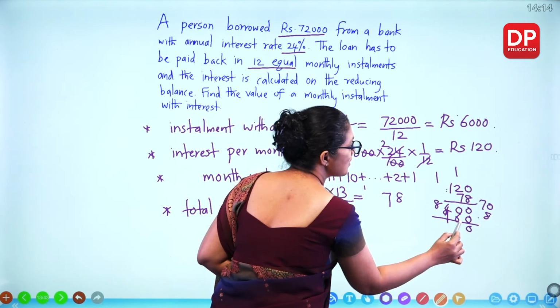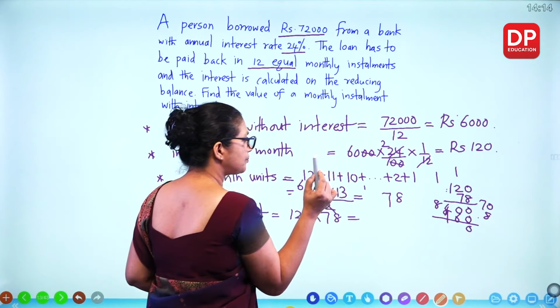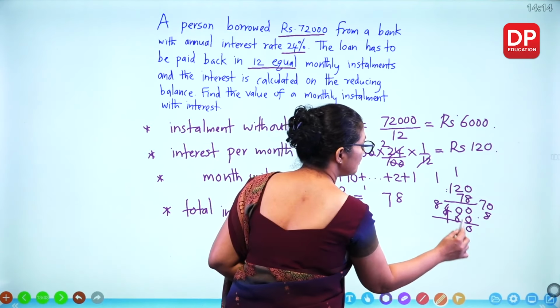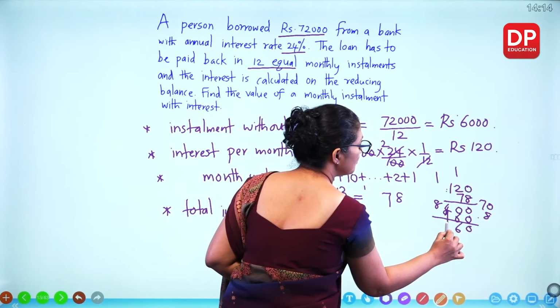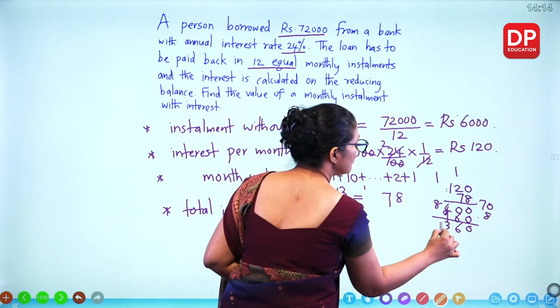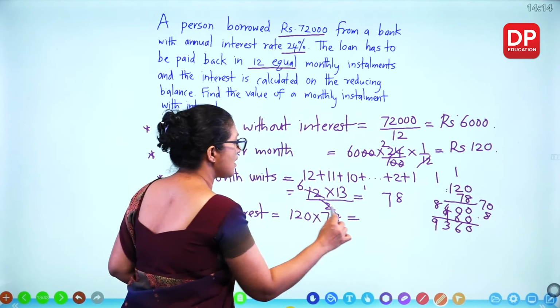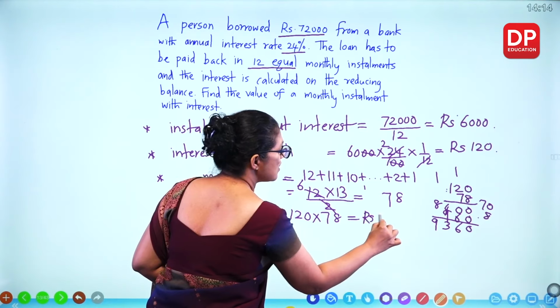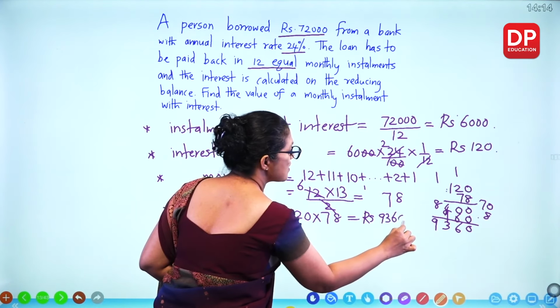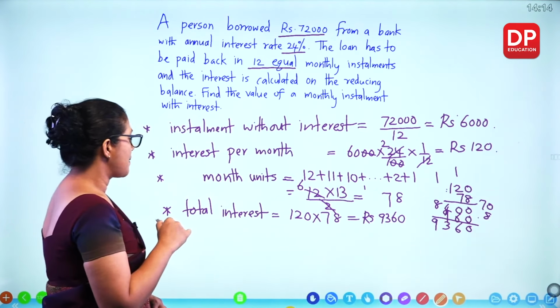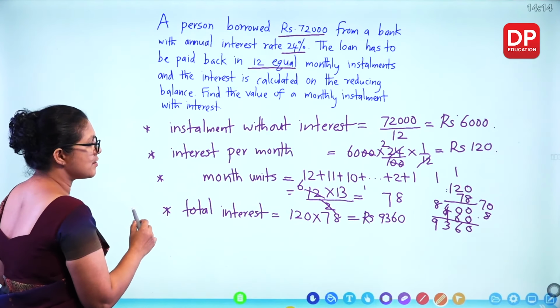So you get 9,360 rupees. That's the total interest.